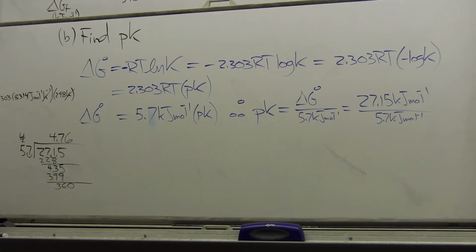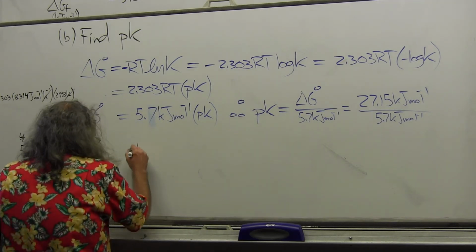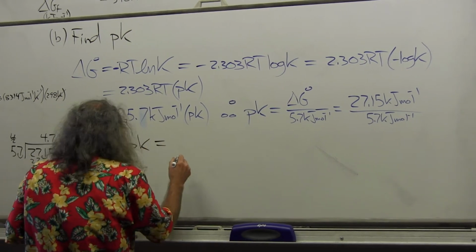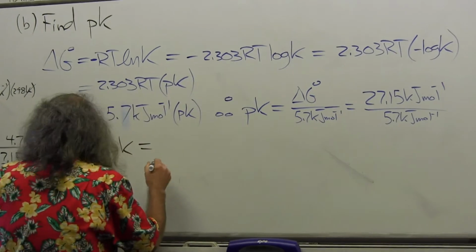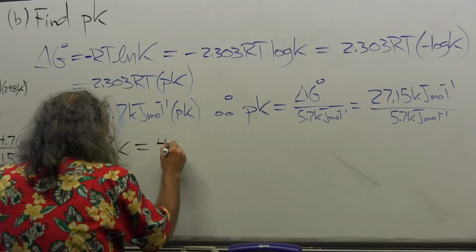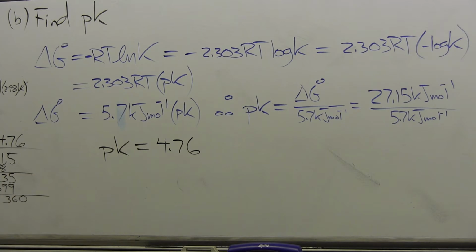Okay, 6, and we don't need to go any further. So this is all scratch paper. So I've got this, and PK equals, I've already written this statement, 4.76.